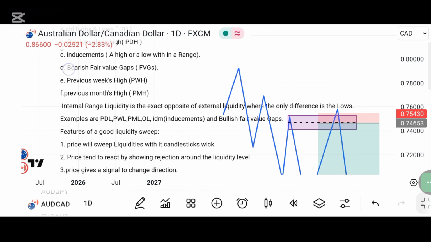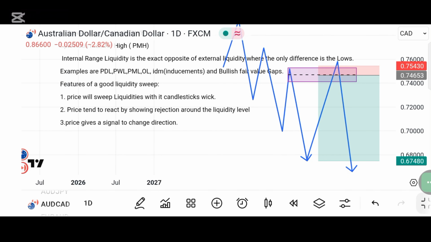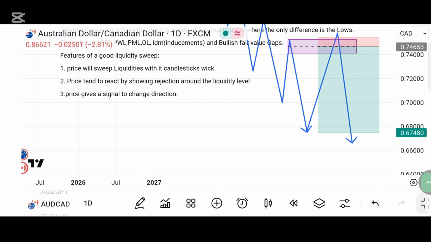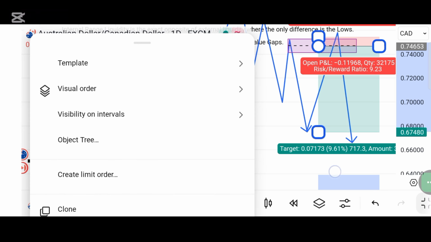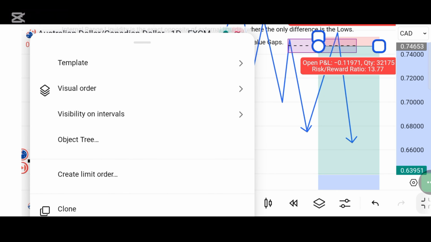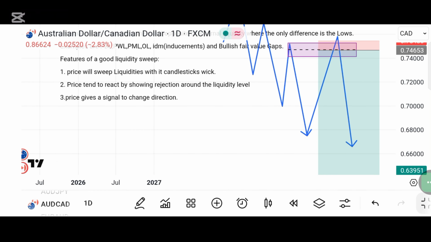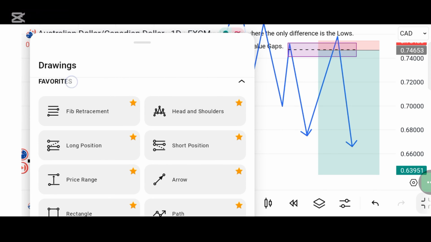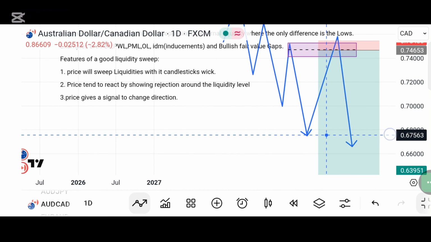Then for the running position kind of sweeping liquidity, you can also see something like this. Let's just say you're a swing trader and you still have enough targets to meet down here, and because you're a swing trader, you want to allow your trade to play. Then you see how price will do something like this in the same running position.